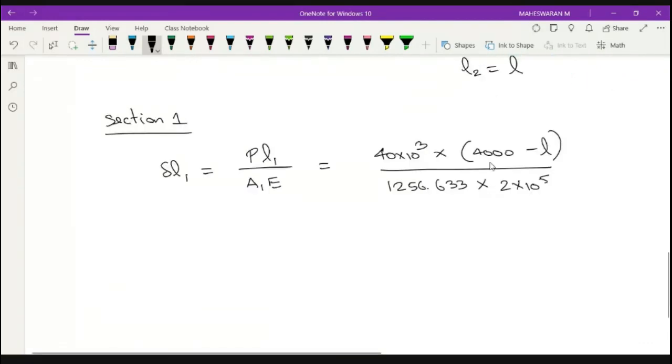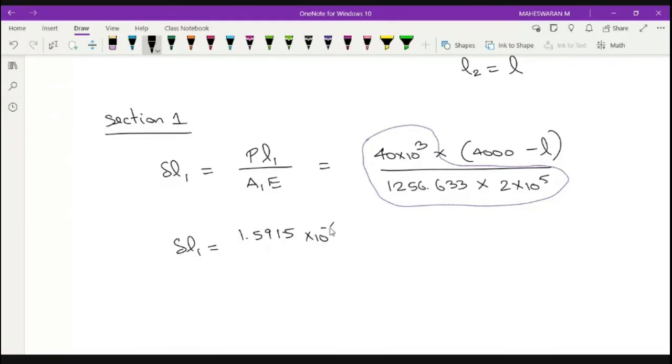Except for this 4000 minus L, I am just considering only these terms and solving them. You're getting around 1.5915 into 10 power minus 4 into 4000 minus L.